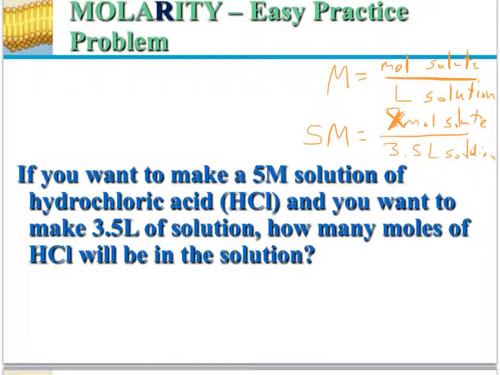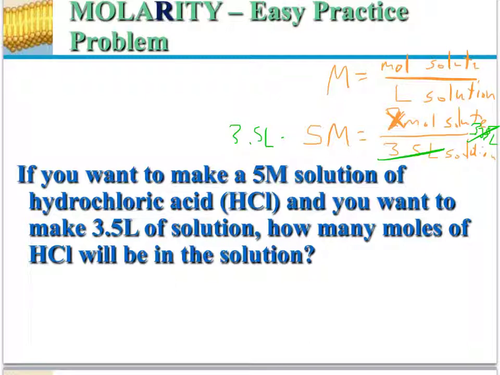So in order to solve for X, you probably want to first multiply each side by 3.5 liters, because then the 3.5 liters in the denominator and the 3.5 liters on the other side will cancel.